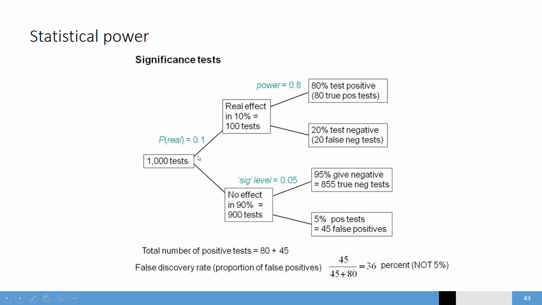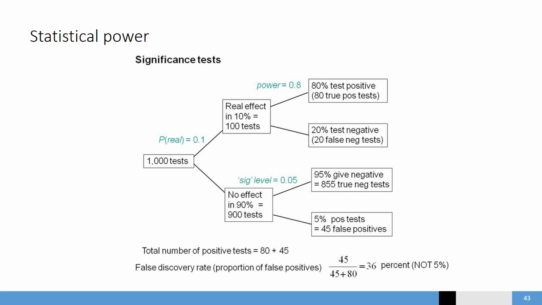So let's say that you're doing a drug screening experiment in which you will analyze 1,000 compounds. The reality is that only 10% of these compounds make a difference or have some effect on the cells, for instance, that you are studying.